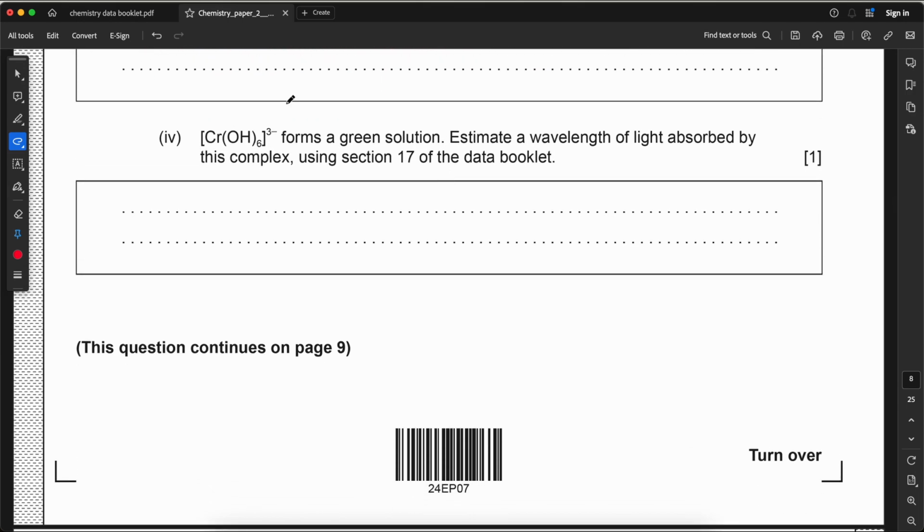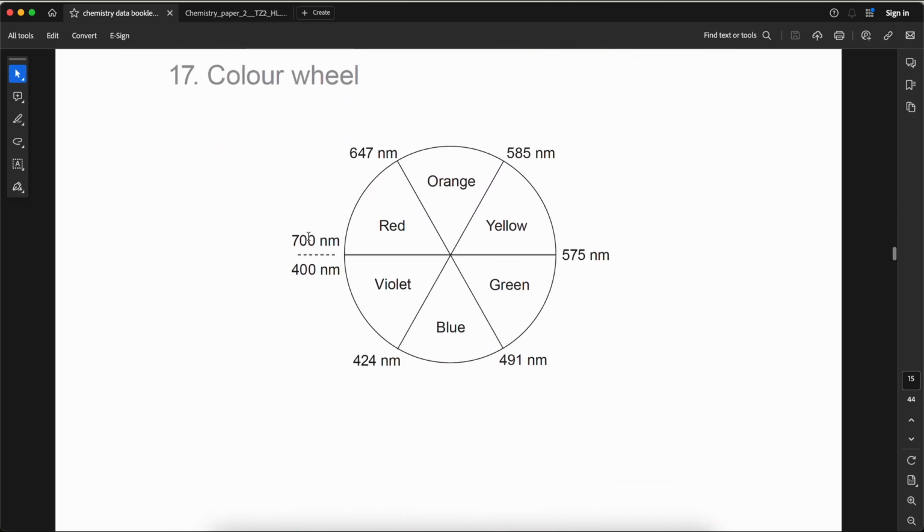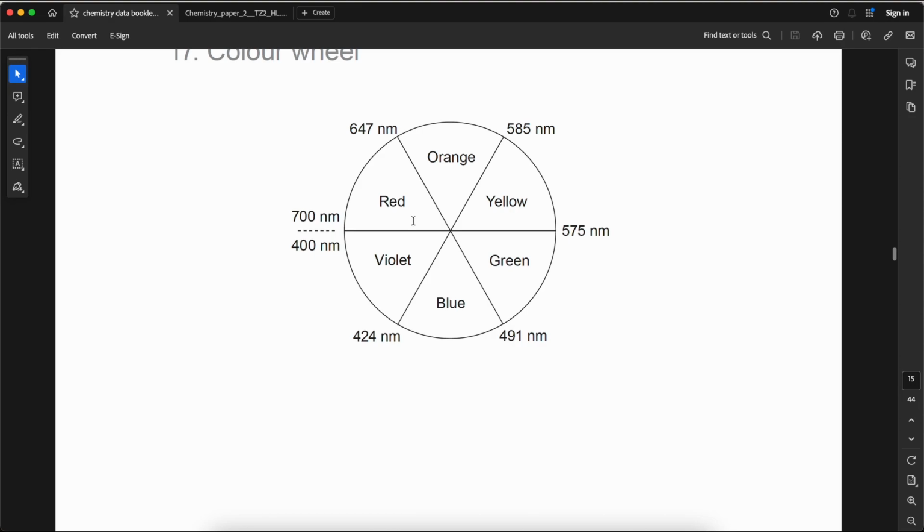Cr(OH)6 3- forms a green solution. Estimate a wavelength of light absorbed by this complex. Any value between 647 and 700 nanometers. So Cr(OH)6 3- forms a green solution. If we look at the color wheel, it appears as a green solution.